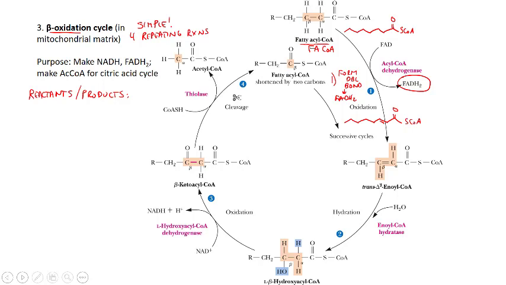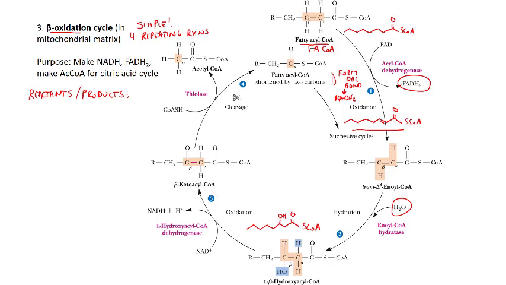Next reaction, we add water across that double bond, giving us a molecule with a hydroxyl on it. This is what's called a beta-hydroxyacyl-CoA.